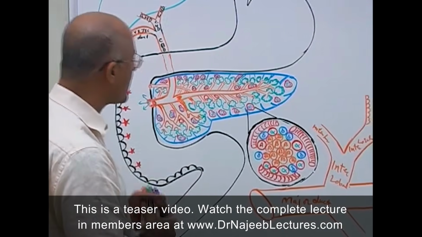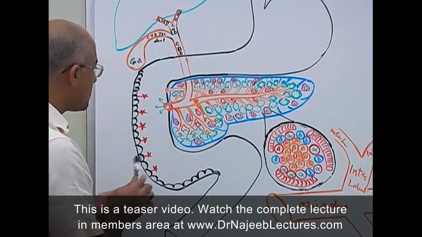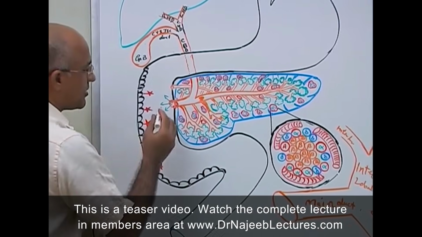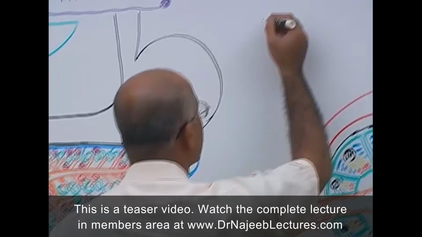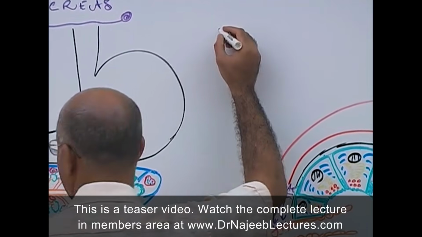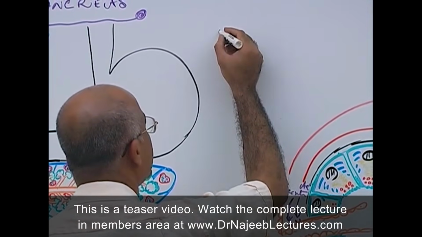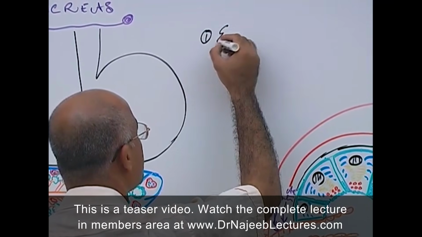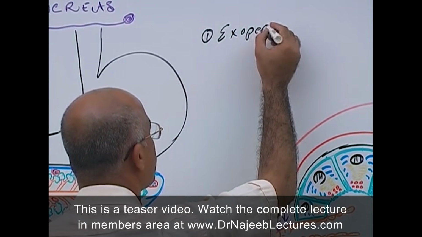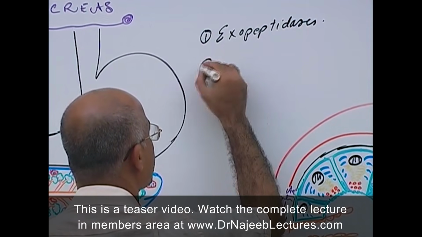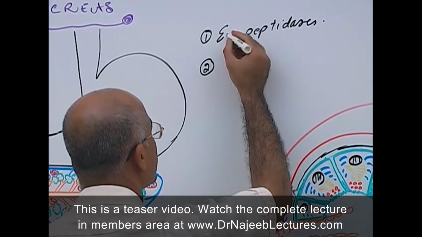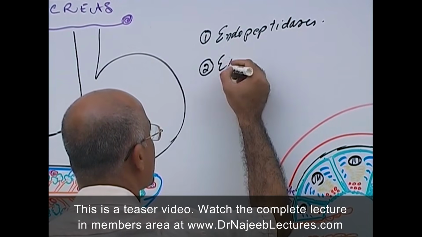Oh yeah, let's talk about the enzymes which are secreted. The enzymes which are released over here, there are some enzymes which act on proteins, right? Proteolytic enzymes coming from the pancreatic system, the exocrine gland. Number one, there are exopeptidases, and there are endopeptidases.